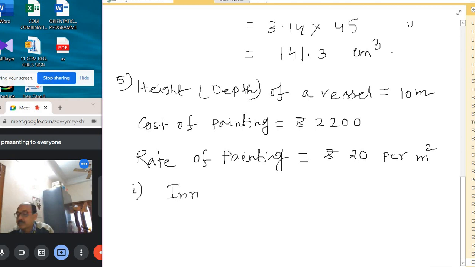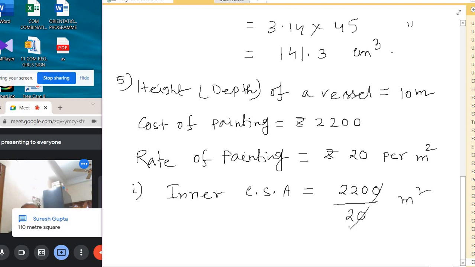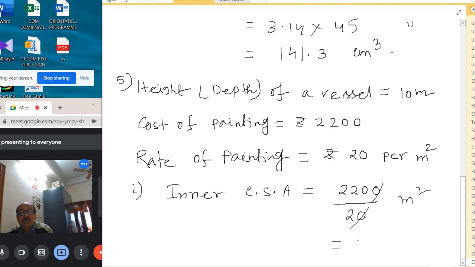Inner curved surface area, CSA, equals total cost 2200 divided by per meter square cost 20. This is in meter square. 100 cancel, and 220 by 2 is 110. 110 meter square. This is the curved surface area.